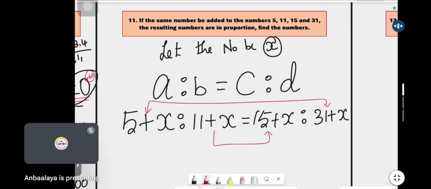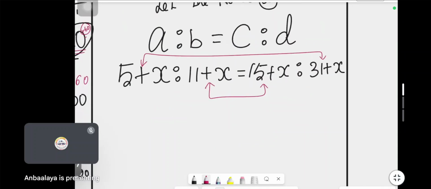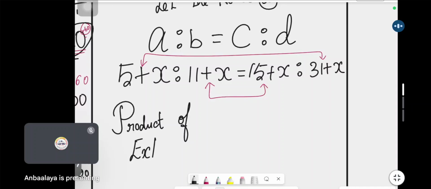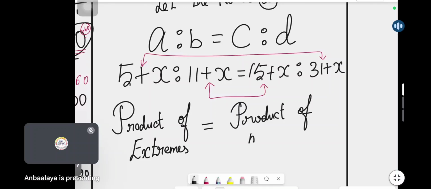Do you remember what rule we will use? Ma'am, mean proportional and extreme. Yeah, you're right. Can you tell me what is the formula? The formula is: product of extremes is equal to product of means.